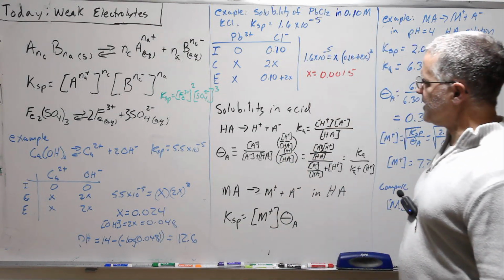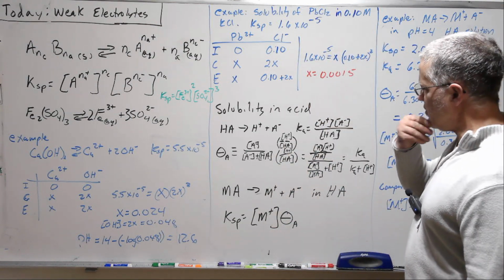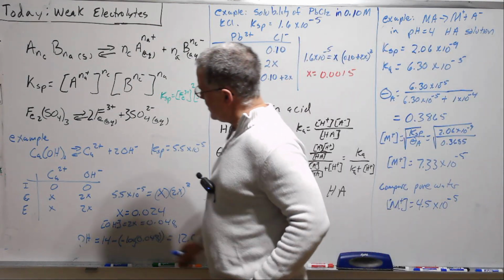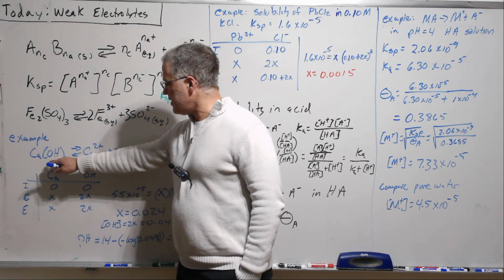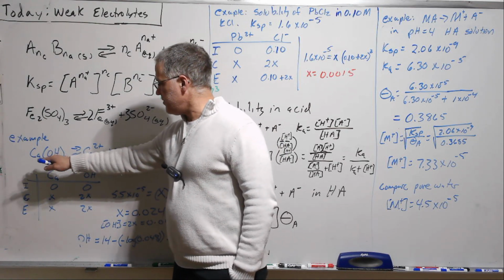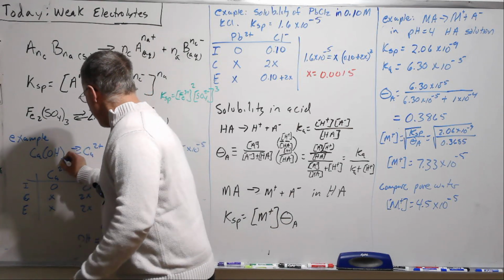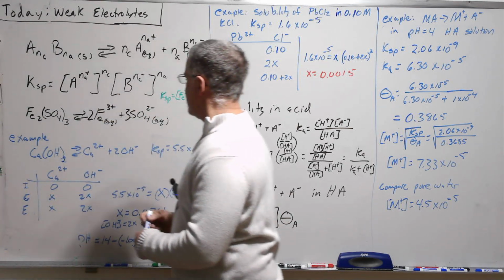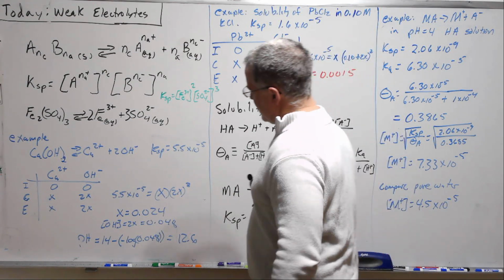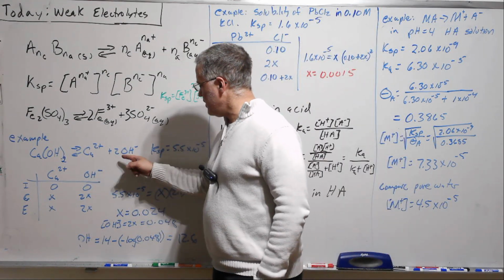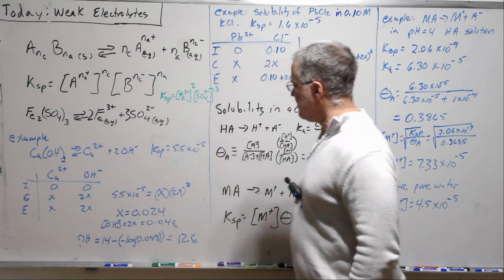Okay, well, let's do an example. Let's do calcium hydroxide. So calcium is 2+, hydroxide 1-. That's going to break up and give us 2 hydroxides for every 1 calcium.